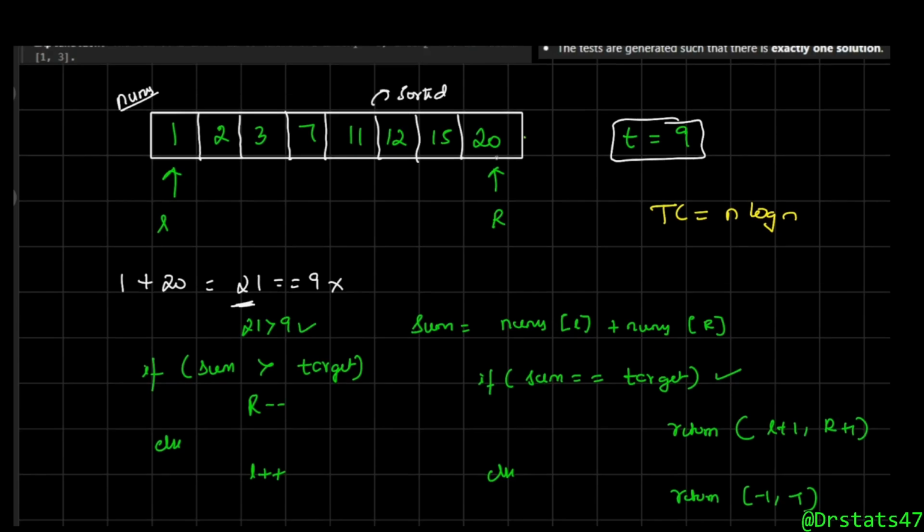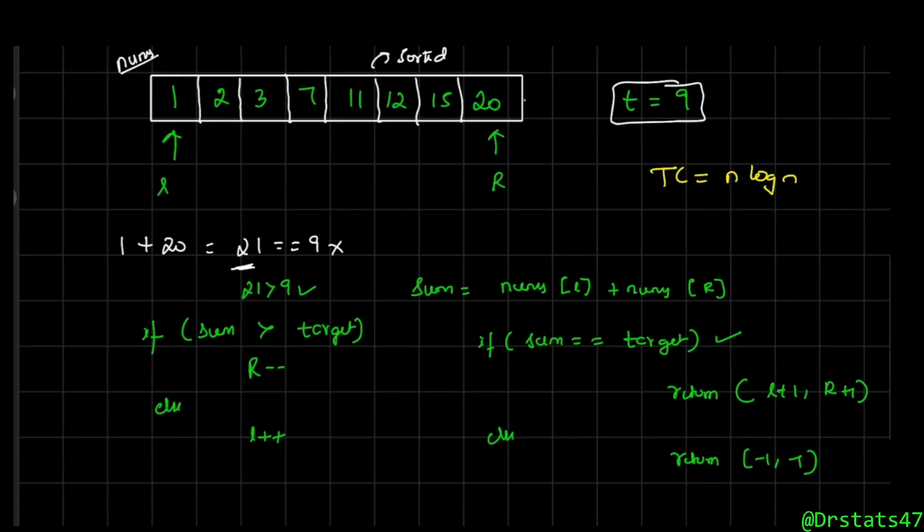If I move the left pointer, it will be 20 plus 1, I got 21. If I move the left pointer, the sum will increase, right? 20 plus 2, it is 22. So it's going away from the target, right?